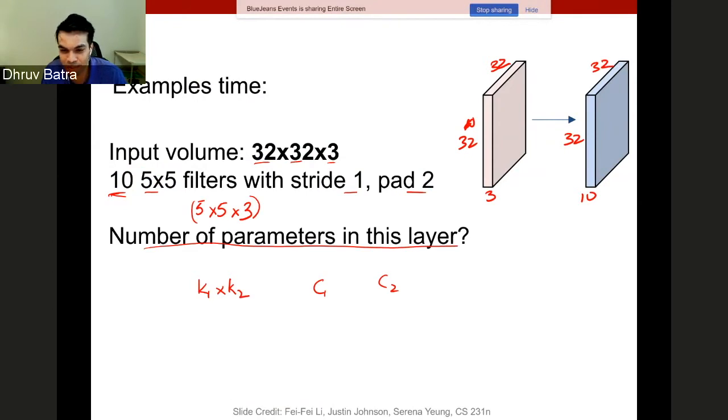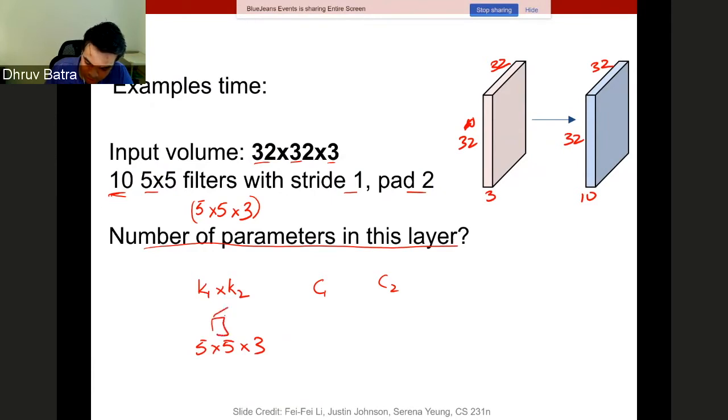Now that I've told you that bit of information, that 760 is the right answer, not 750, think about where you may have gone wrong in your calculations. And typically where people go wrong is a direct consequence of the way it's taught, which is I don't talk about bias because it's just in there. And yes, that's exactly what's going on. You have 5 by 5 by 3 objects.